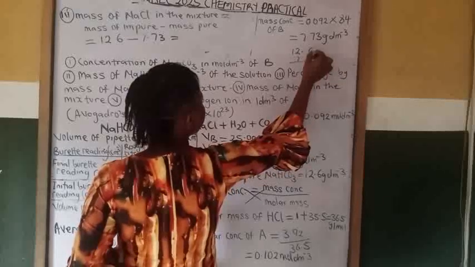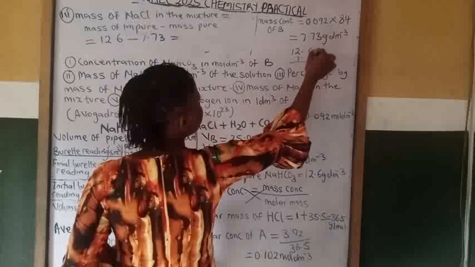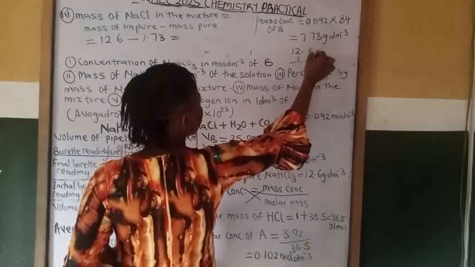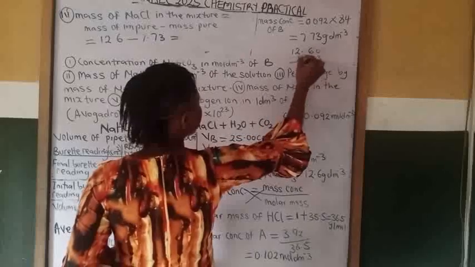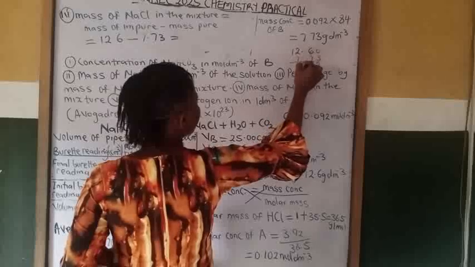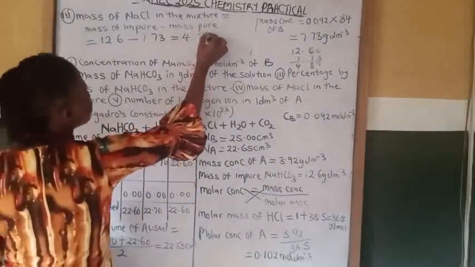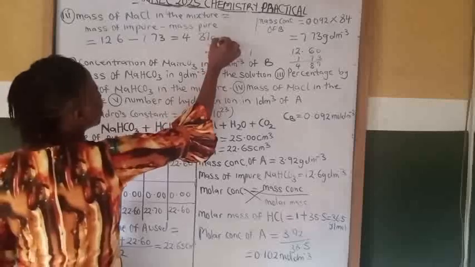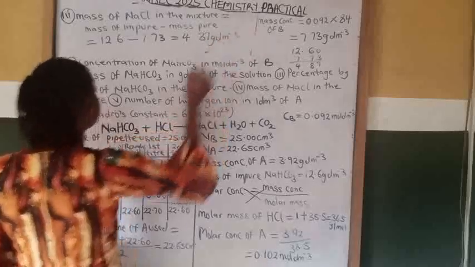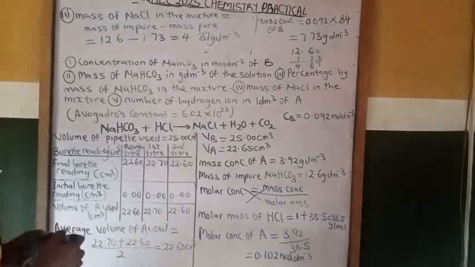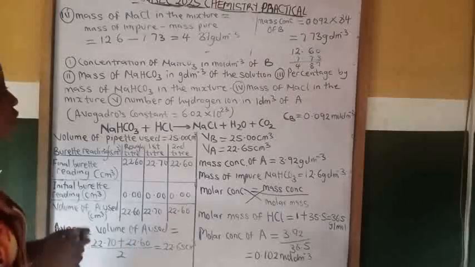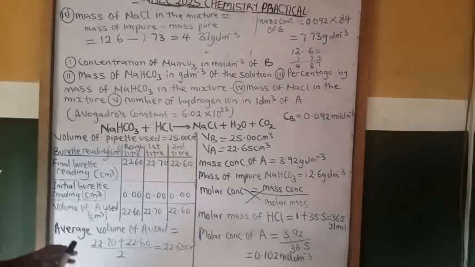Carry 1. That will be 15. 15 take away 7 will give us 8. 11 take away 7 will give us 4. So it will give us 4.87 gram per dm cube. So that is the mass of sodium chloride in the mixture.